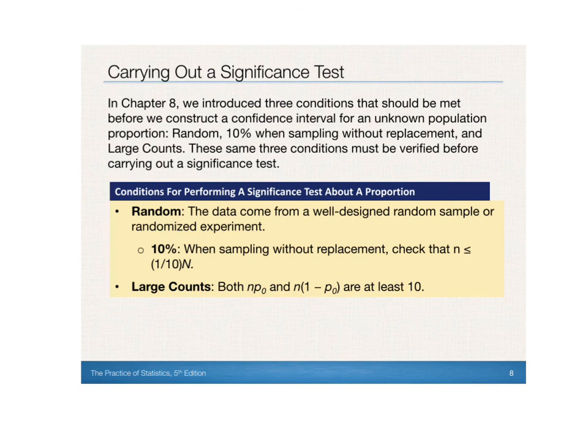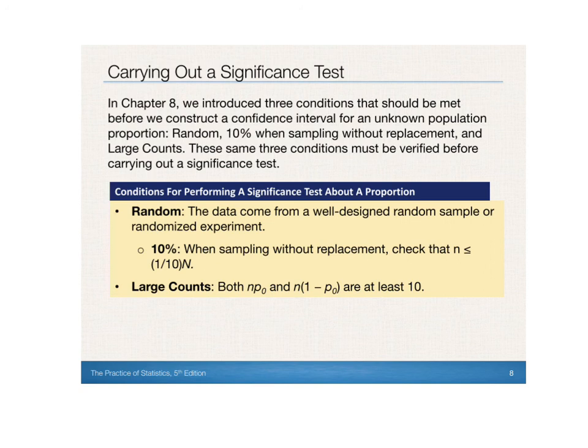So if you are doing a significance test for a proportion, the conditions that you're going to check are the same as the conditions you would check for a confidence interval. You're going to check that the sample was taken randomly. You're going to check that the sample is less than 10% of the whole population. And you're going to do the large counts, which this time we're going to use p sub 0.